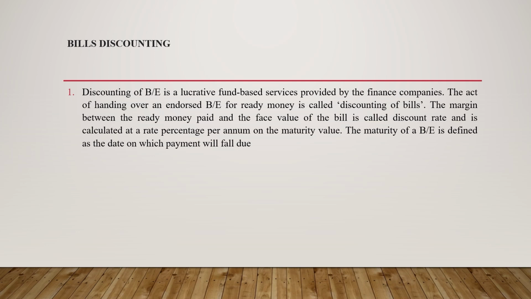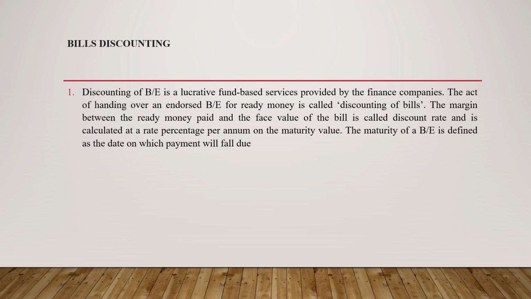The margin between the ready money paid and the face value of the bill is called the discount rate and is calculated at a rate percentage per annum on the maturity value. The maturity of a bill of exchange is defined as the date on which payment will fall due.